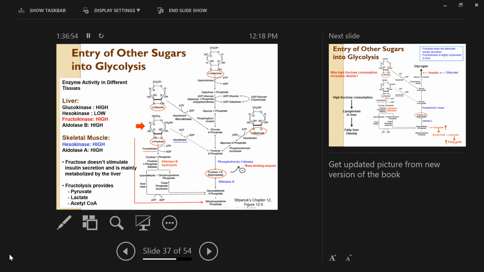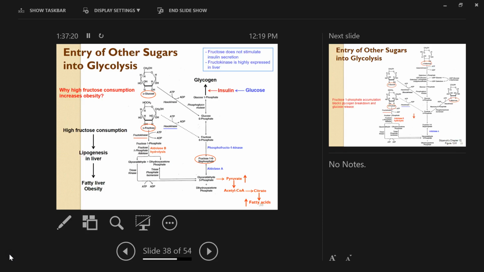The second thing is that fructose does not stimulate insulin, so not a lot of glycogen will be synthesized, and that again pushes more sugar to be converted to fat. Yeah, I think I pretty much explained this.